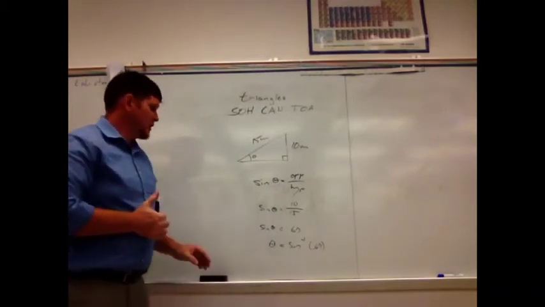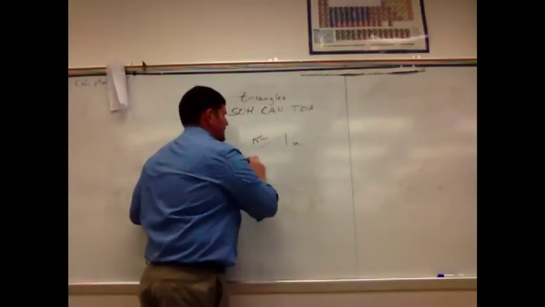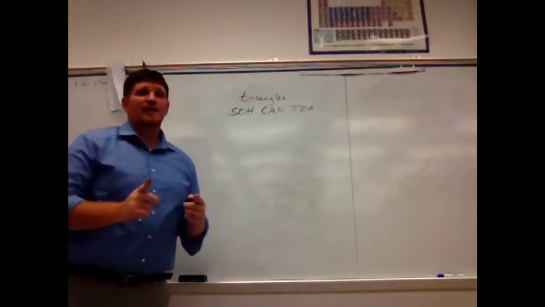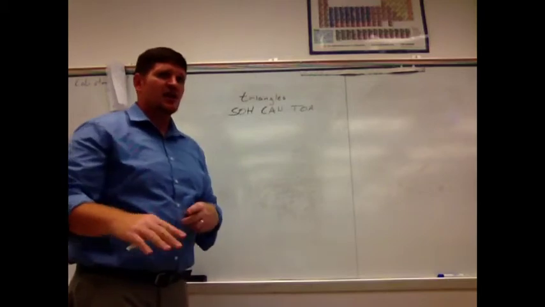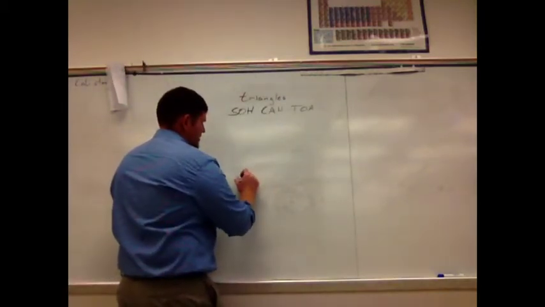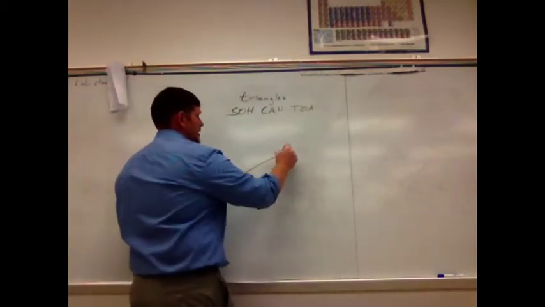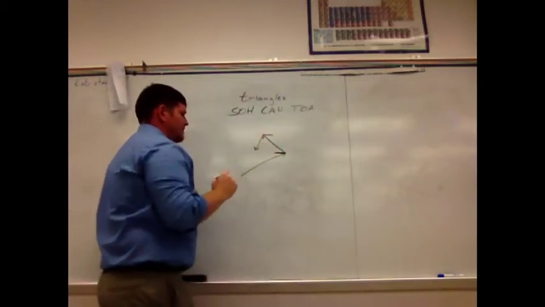What I want to show you right now is how we're going to make right triangles out of just about anything. There's going to be times where we have somebody going off in one direction and they change directions and change directions again, so you end up with some weird stuff. So let's say somebody went on a hike, they have a vector direction going this way, then they head this direction, and then they come back.